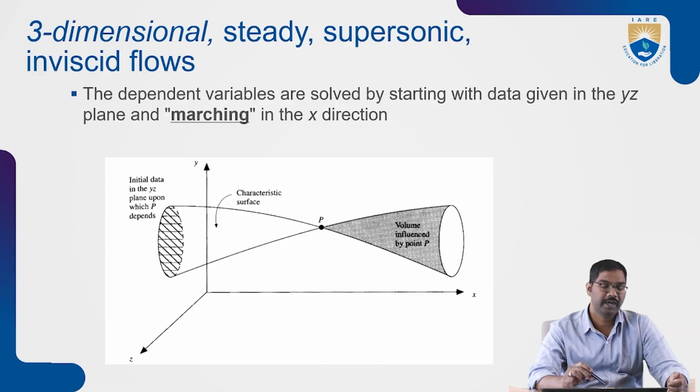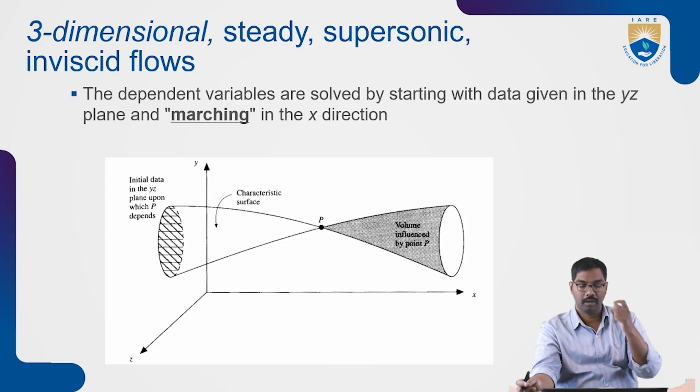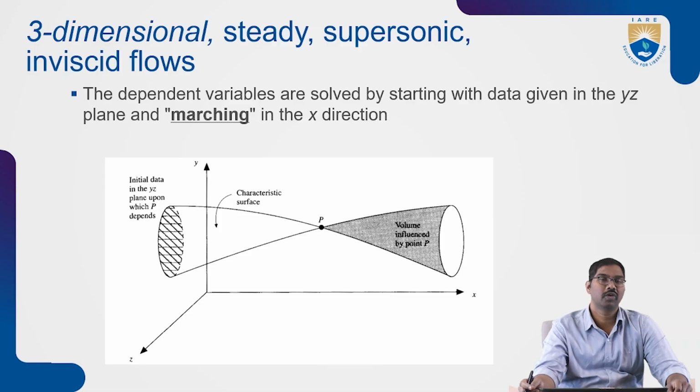Here the initial data is defined on the YZ plane upon which P is calculated, and the P solution is influenced in the volume of the shaded region in the figure shown. So it follows the same methodology to solve either two-dimensional or three-dimensional hyperbolic problems.